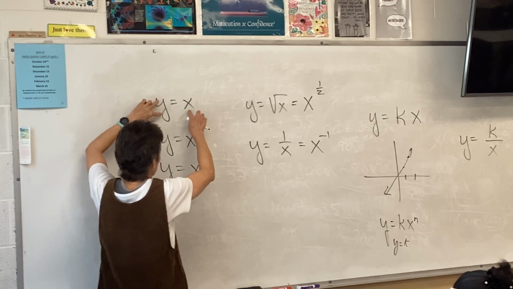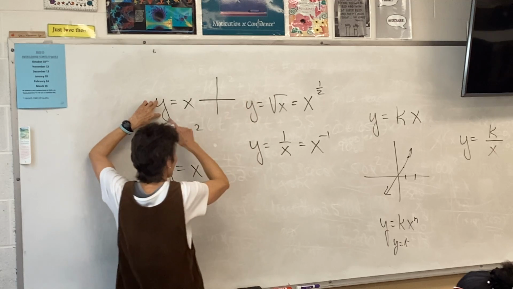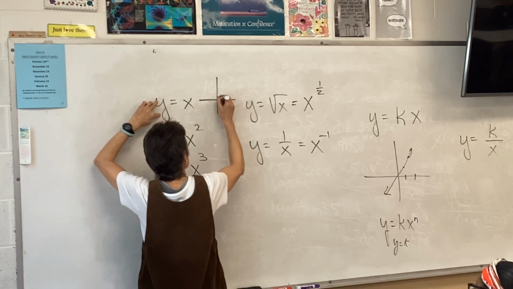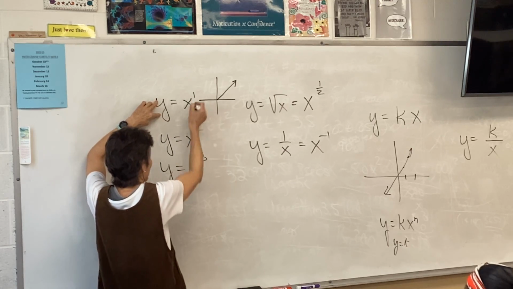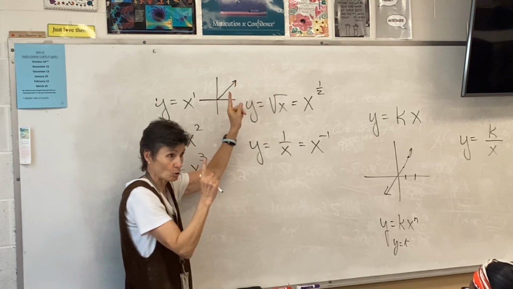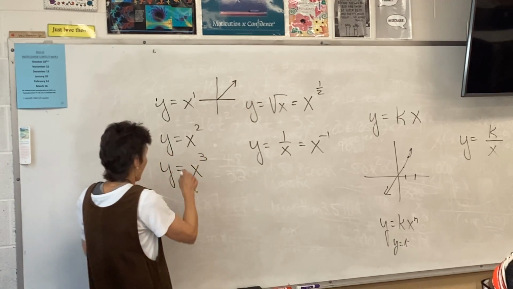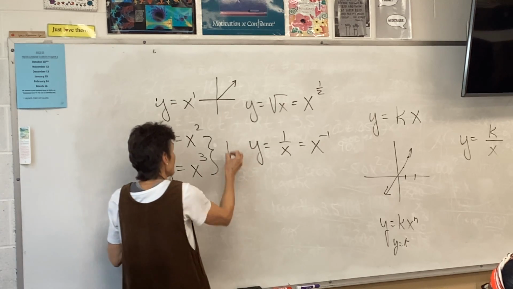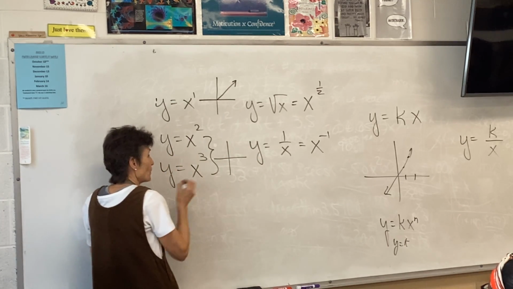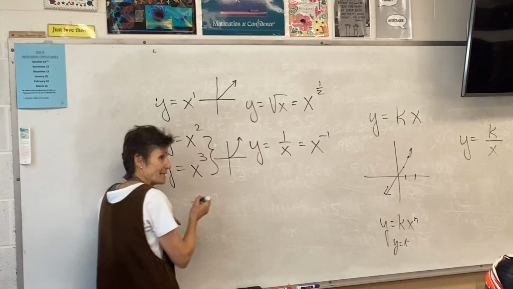I am going to draw this function right here, but just the part in the first quadrant. Would you agree that that's what it looks like when you have x to the first? It's in the first quadrant. It's just that because it's a line. Now, I'm going to draw these two together. In the first quadrant, would you agree that these two have a shape sort of like that?